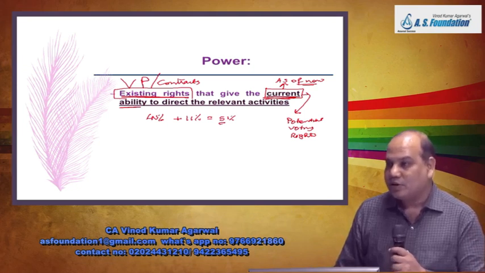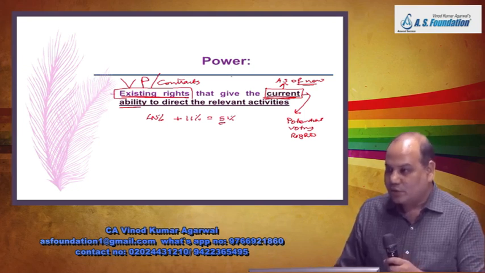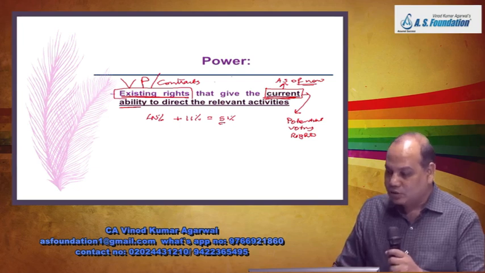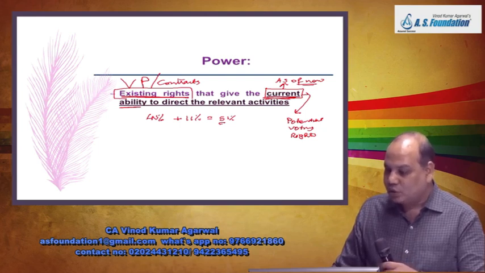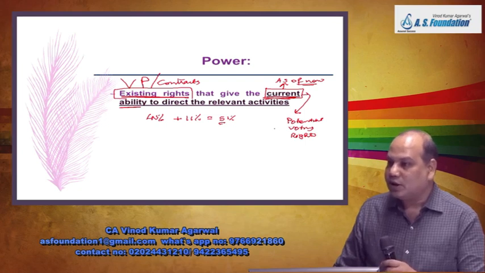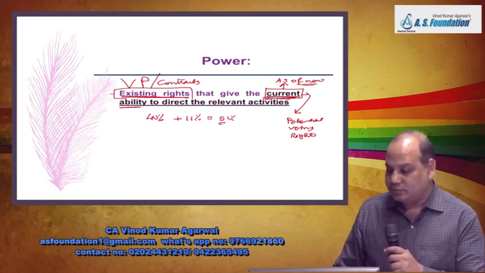Even that will be considered in checking whether you have the current ability or not. So existing right, which will include the voting rights, contracts, potential voting right which can be currently exercised, that give the current ability to direct the relevant activities.